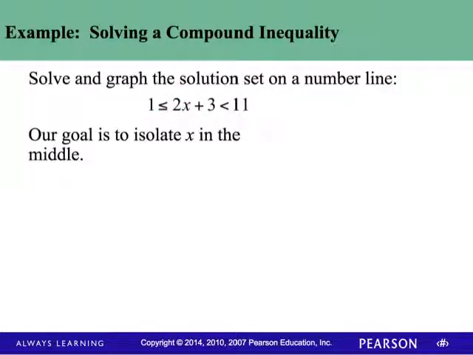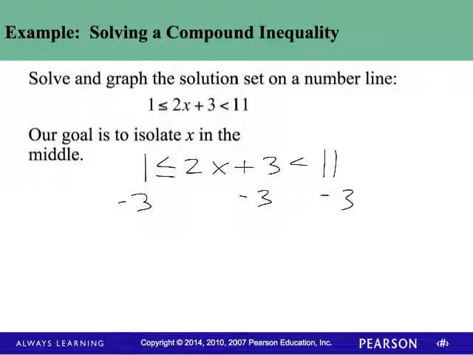So what would we have to do here to get x by itself? Well, there's that plus 3. So if we start out with 1 is less than or equal to 2x plus 3 is less than 11, first thing we need to do is subtract 3 everywhere. So I'm going to subtract 3, subtract 3, subtract 3.